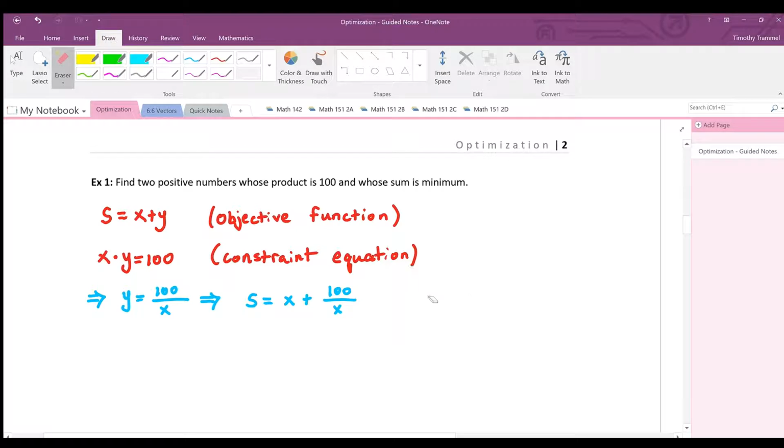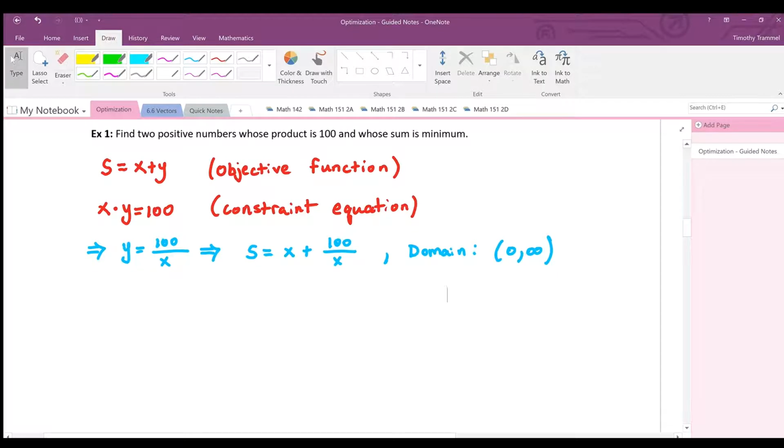And I want to leave a little bit of space so I can actually write that domain. But again, I'm not going to include the minus infinity to 0 because we only care about positive numbers. Okay, that's all we care about here according to our directions. Okay. All right. This means, though, we don't have a closed interval, right?